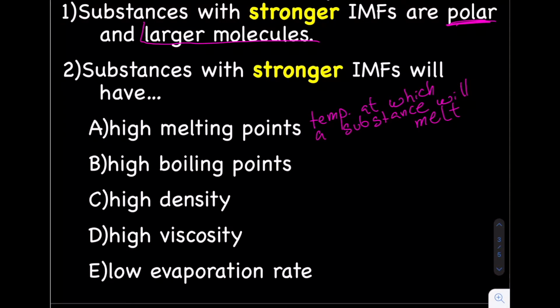A boiling point, same idea, except, well, let's go back. A melting point would be going from a solid to a liquid, right? Boiling point is going from a liquid to a gas. It's the temperature at which a substance will start boiling.